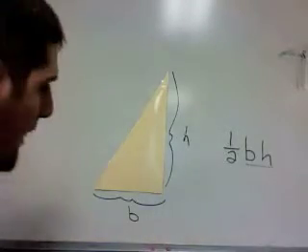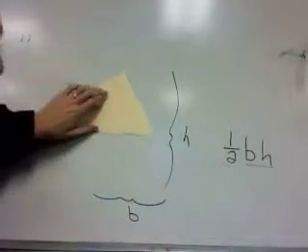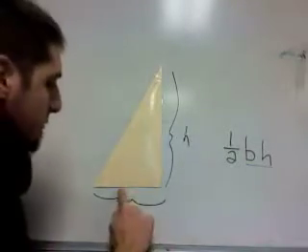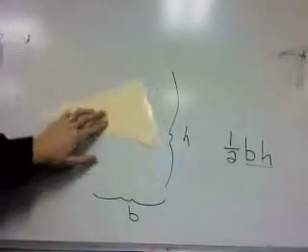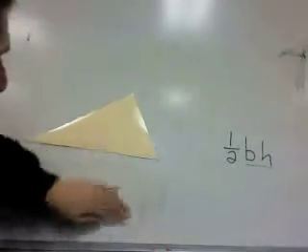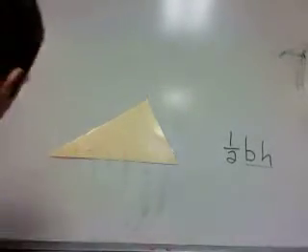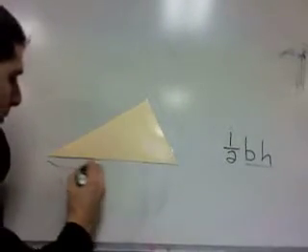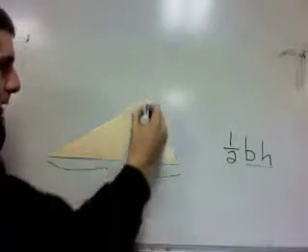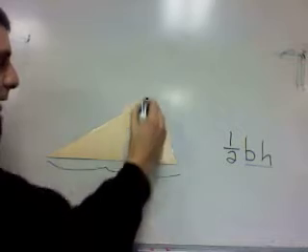Remember, height of the triangle is always the distance from the very bottom of the triangle to the very top. So if I were to orient my triangle or rotate my triangle so that it were sitting like this, my base would be right here, and my height would actually be the distance from right here all the way to the very tippy top.